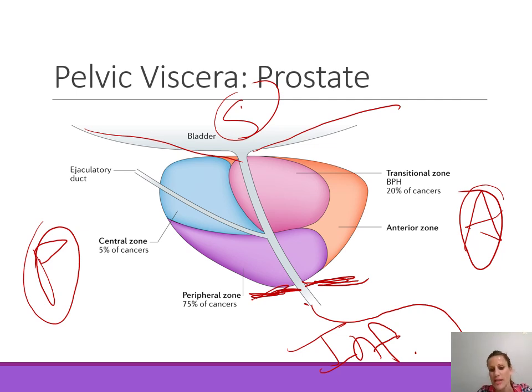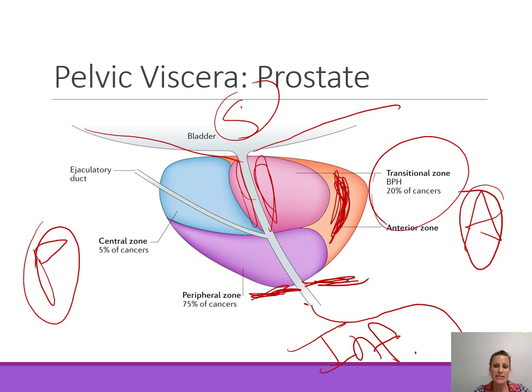Looking at the prostate gland itself, this anterior zone of the prostate is muscular. There's mostly muscle fibers up there. The other portions are glandular. This transitional zone, you can see that this is the area that's surrounding a large portion of the urethra. This is the area where about 20% of cancers are.